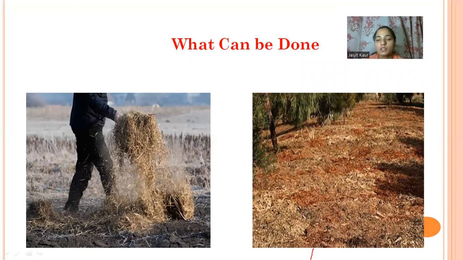This is their need, so that they can earn money. So what do you think, apart from chemical fertilizers, pesticides, and HYV seeds, what other things can be done, or what other things can you suggest to the farmers?